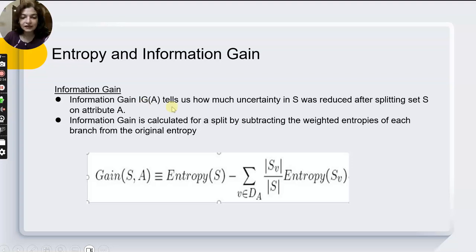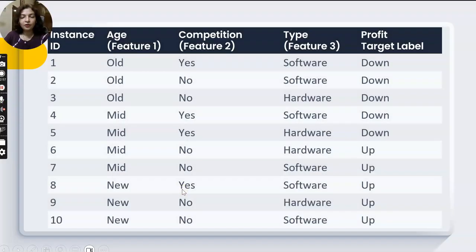So basically information gain tells us how much uncertainty in S was reduced after splitting S on attribute A. Information gain is calculated for a split by subtracting the weighted entropies of each branch from the original entropy. So this is the original entropy. These are the weights and we calculate weighted entropy. We sum it up and we subtract this from the original entropy.